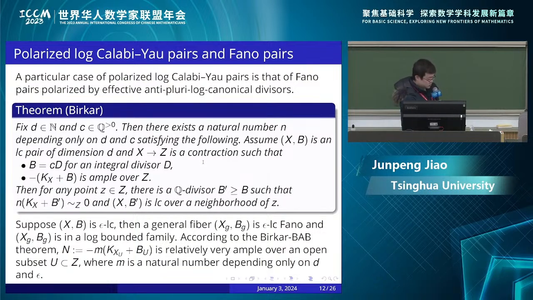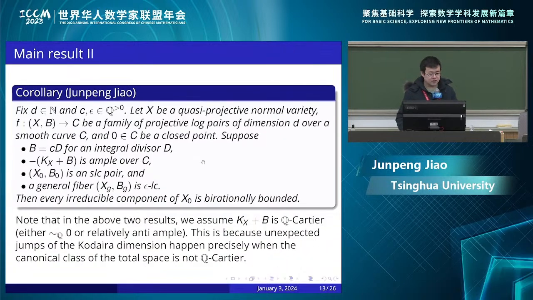So with these two arguments, we have our second main theorem. Fix the dimension d and say epsilon to be a positive rational number. Let X be a quasi-projective normal variety, and X with boundary B be a family of projective log pairs of dimension d over a smooth curve C, and 0 is a closed point.